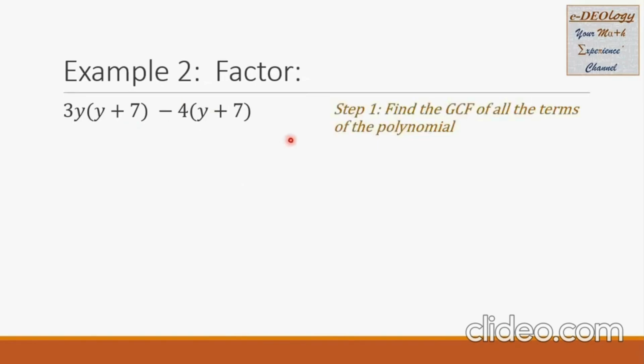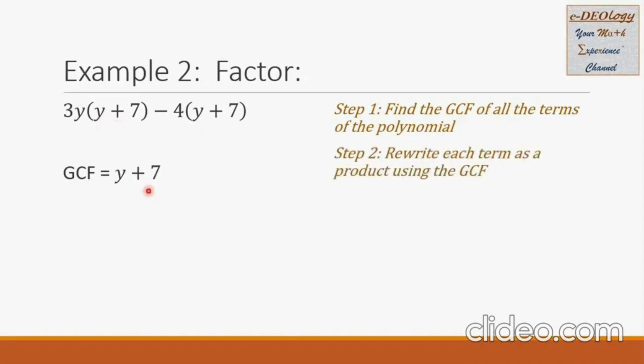Let us go to our step 1. Find the GCF of all the terms of the polynomial. So our GCF is this y plus 7. That is the common factor in the first group and in the second group. So I wrote here the GCF, that same y plus 7.